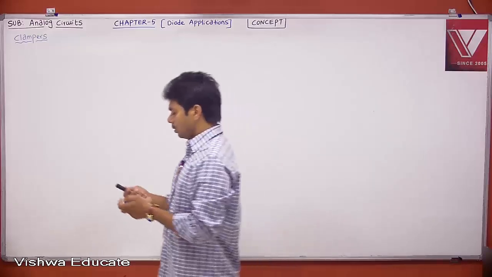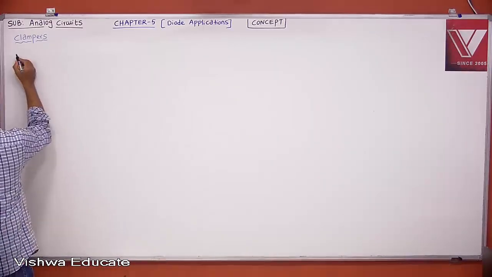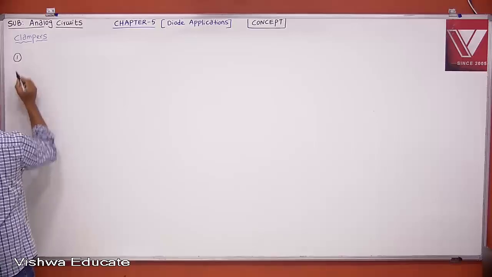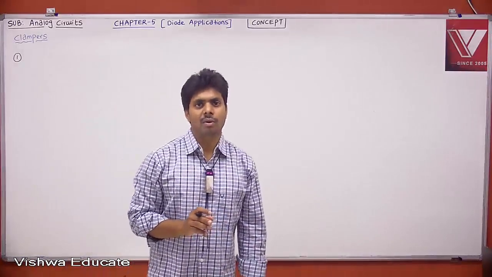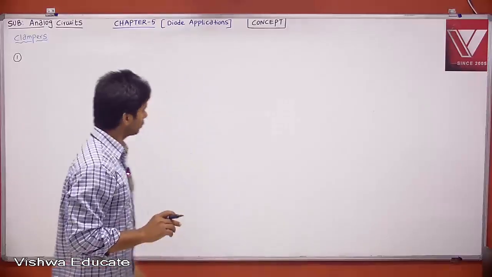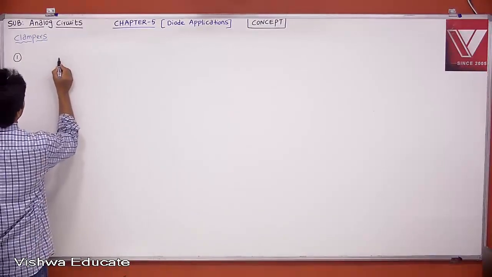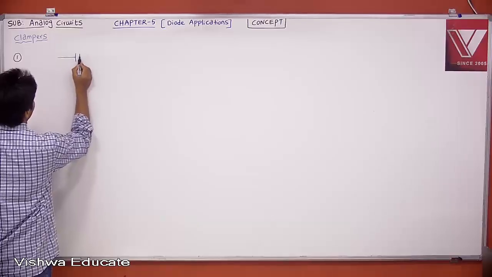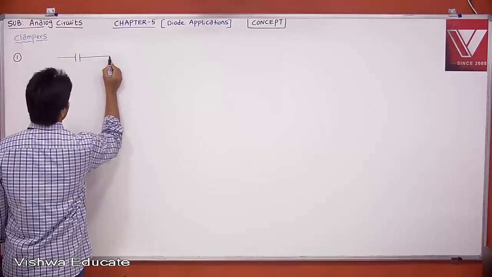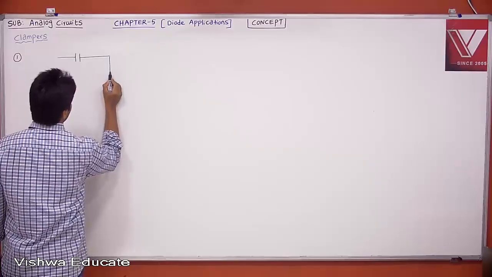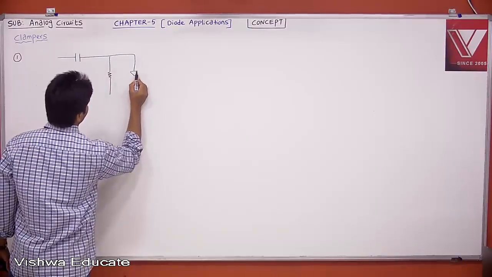Now there are 6 typical clamping circuits. Out of that, let me take the first one, then we will see the remaining 5, but out of 6 I'll explain only 2, and the remaining 4 are homework for you, but I'll give you the procedure. Now this is your capacitor. The capacitor is in series between input and output, and there is a resistor and a PN junction diode.